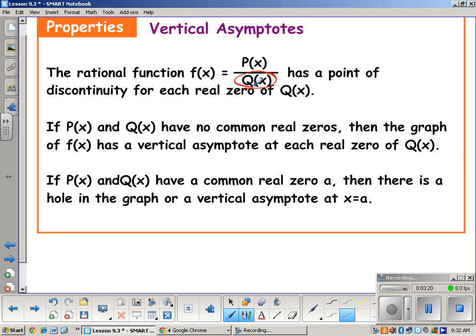The first one says, if p of x and q of x have no common zeros, then the graph of f of x has a vertical asymptote at each real 0 of q of x. And so what we're saying is, let's say on top I had x plus 2 and x minus 3, and on the bottom I had x plus 1.